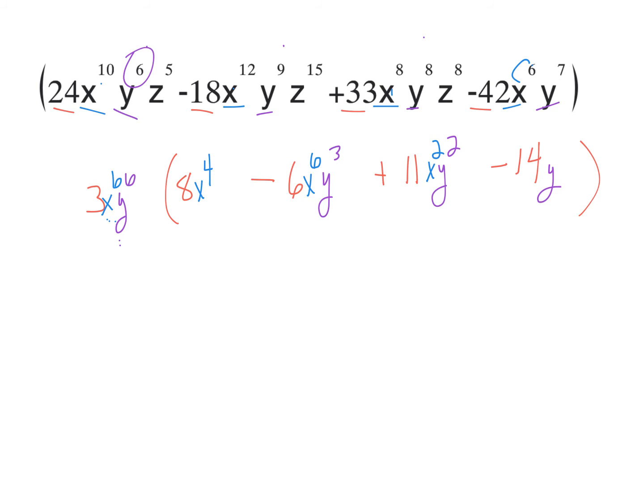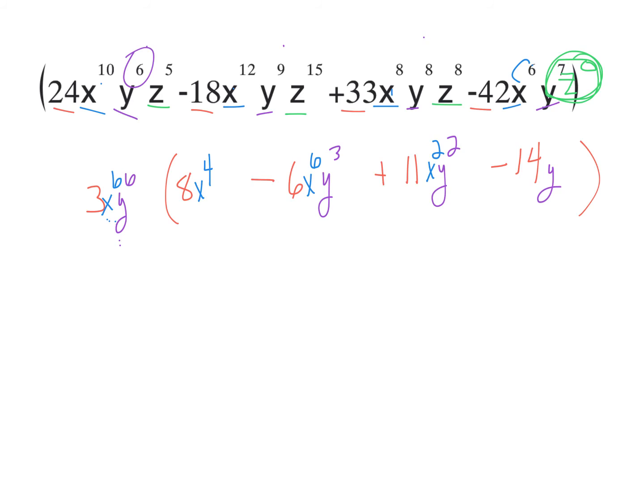All right. Now let's go to the z's. Between z to the 5th, z to the 15th, z to the 8th, how many z's can I take out? A lot of people will go, well, gee, that's easy, that's 5. And you would be wrong. Notice over here, this does not have a z, so technically, the hard mathematical way, this is z to the 0th power.